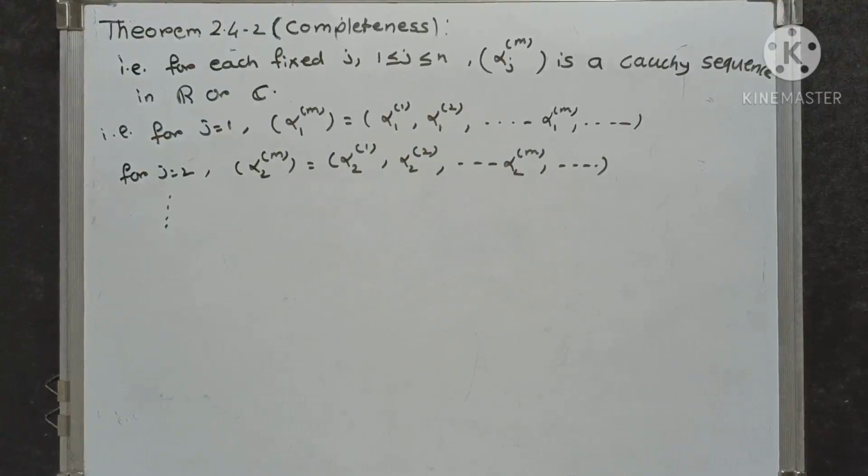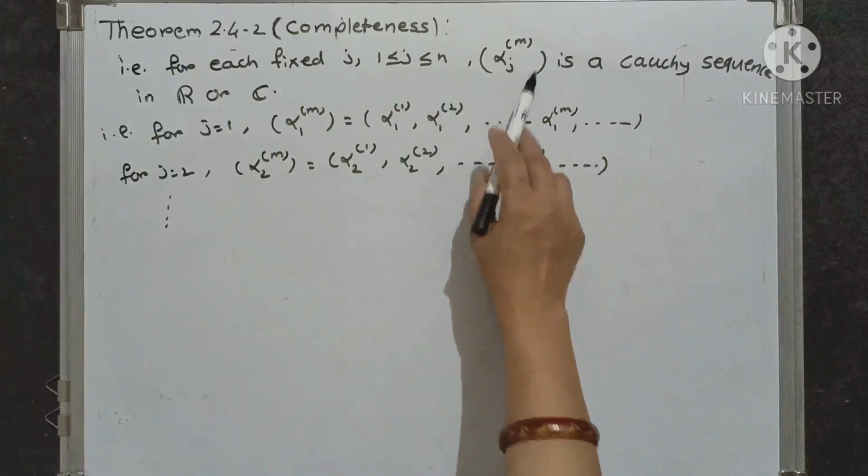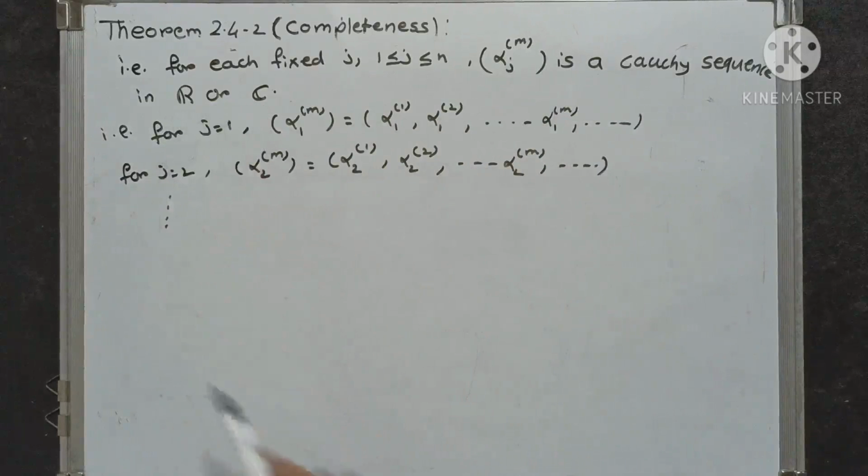That is, for each fixed j, 1 less than or equal to j less than or equal to n, the sequence alpha jm is a Cauchy sequence in R or C.